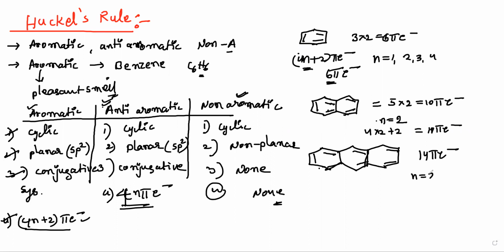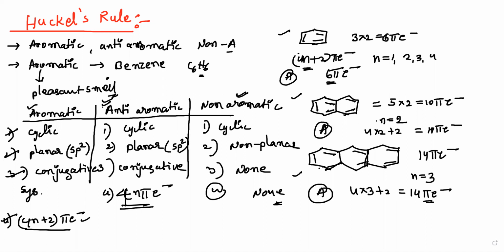If we substitute n is equal to 3, 4 threes are 12 plus 2, then we get 14 pi electrons. That's why in these cases, 6 pi electrons, 10 pi electrons, 14 pi electrons, all rules are applicable. This is aromatic in nature. This is also aromatic in nature. This is also aromatic in nature.